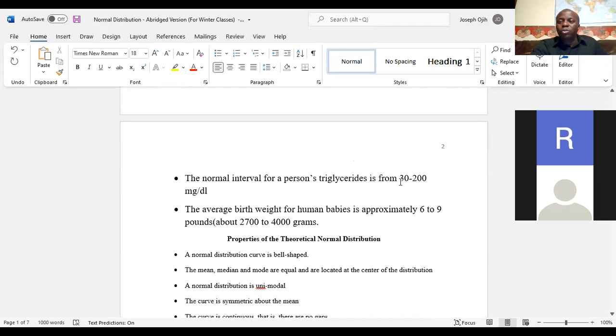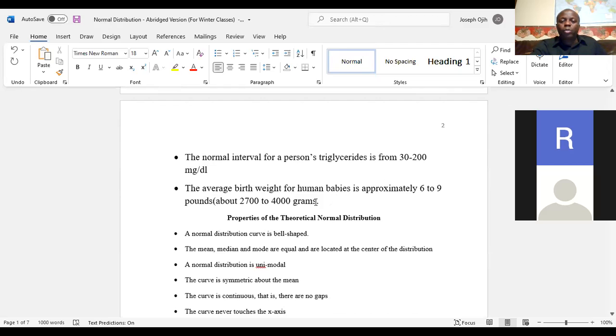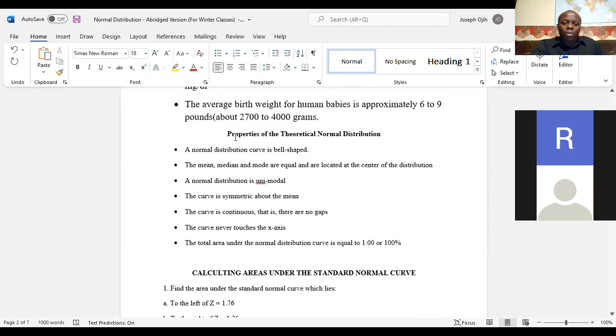And below this is also not normal. How about birth weight? Those of you in the nursing field know that the average birth weight is 6 pounds to 9 pounds. So if it's less than 6 pounds, the baby is underweight. If above 9 pounds, the baby is overweight. And so on and so forth. There are so many examples of this. With this, I think you have an idea what I'm talking about by now.